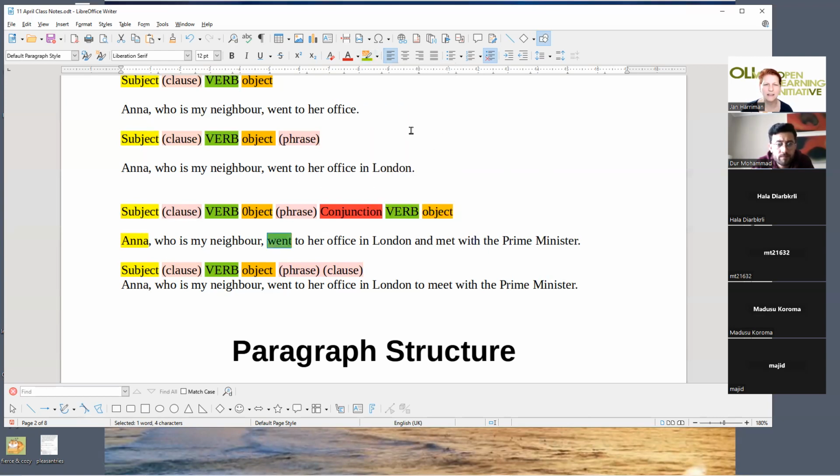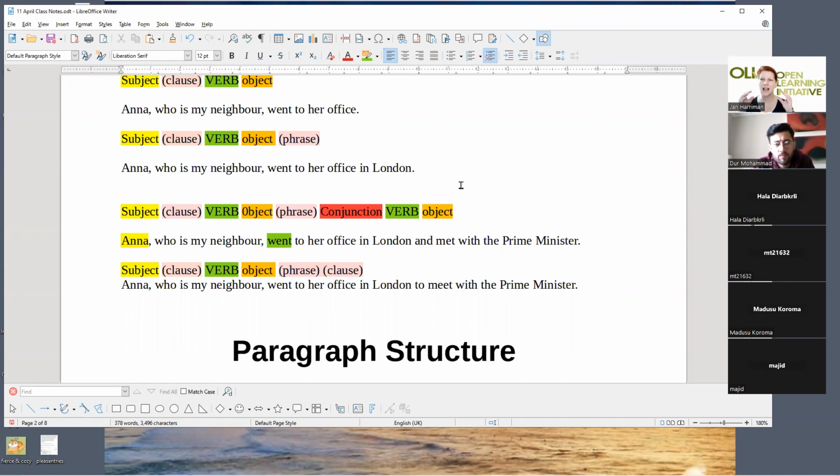And that's the key to using your vocabulary, whatever level it is, and using this structure to get the highest level sentences.